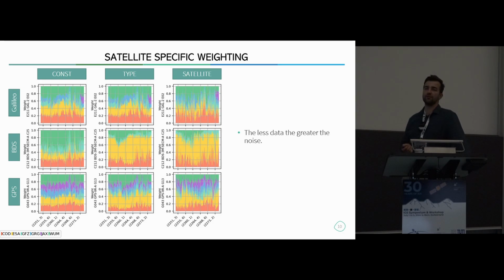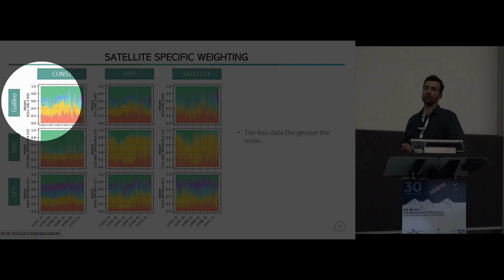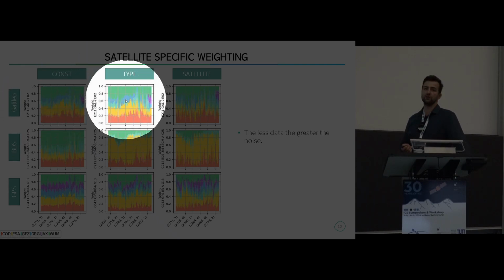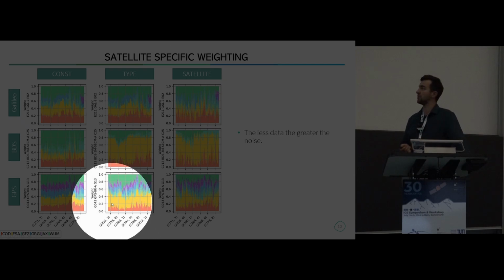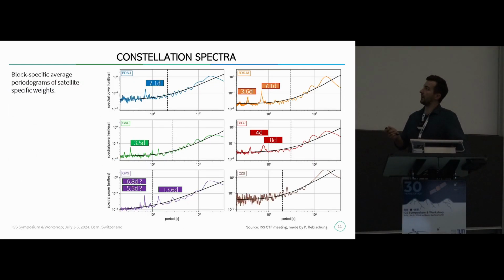We can go even further and estimate the weights for each satellite individually rather than grouping the satellites into constellations or types. If we compare the approaches, here we have for Galileo the constellation-specific, type-specific, and satellite-specific weights, or for GPS or BeiDou in the middle: the less data, the greater the noise. But is that really noise?